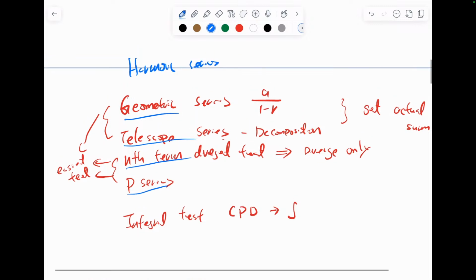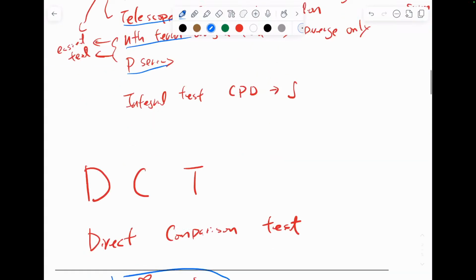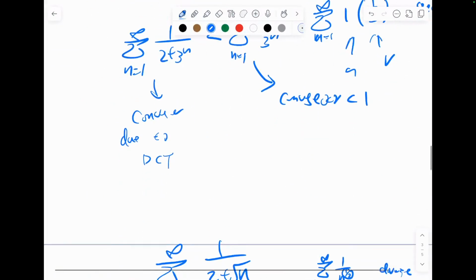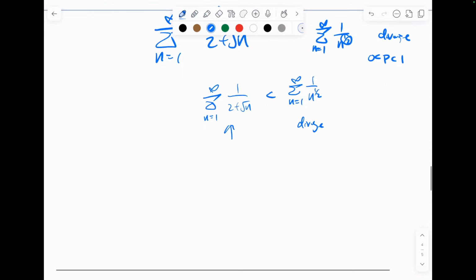Okay, so harmonic is the summation of 1 over n, n equal to 1 to infinity. We know the summation of 1 over n diverges. Now, how about 1 over 2 plus square root n? Are they bigger or are they smaller than 1 over n?